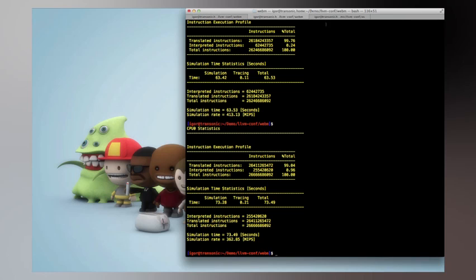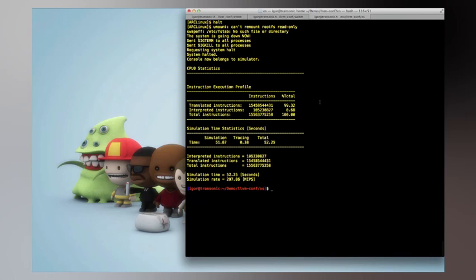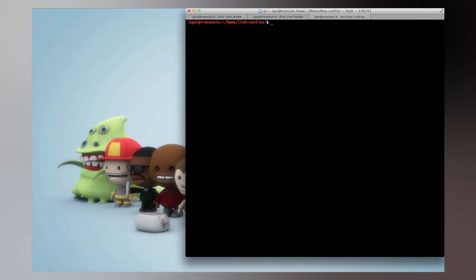So now finally I want to show you a full system, instruction-accurate simulation of a full operating system where web and video decoding and playback runs as a user-land application.